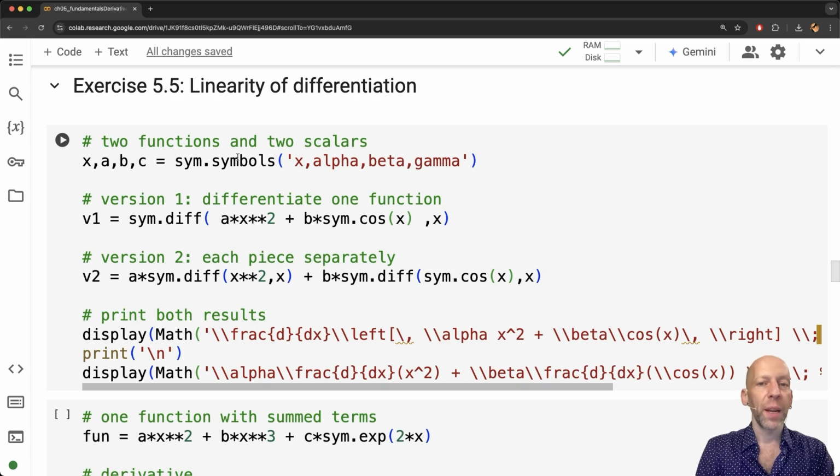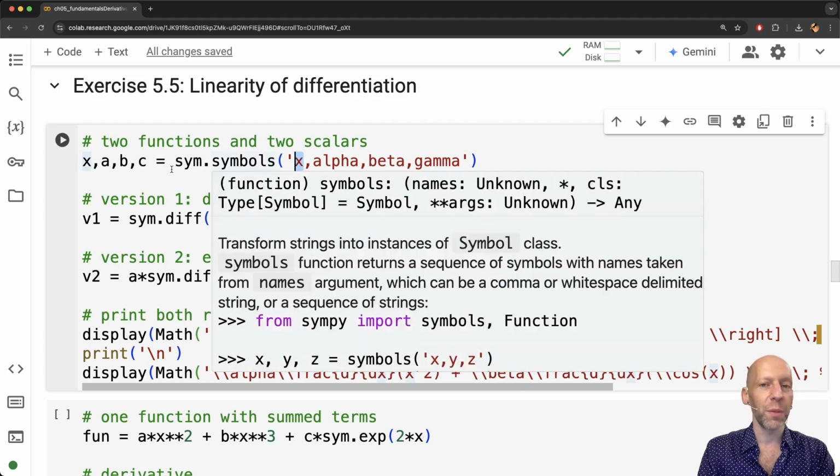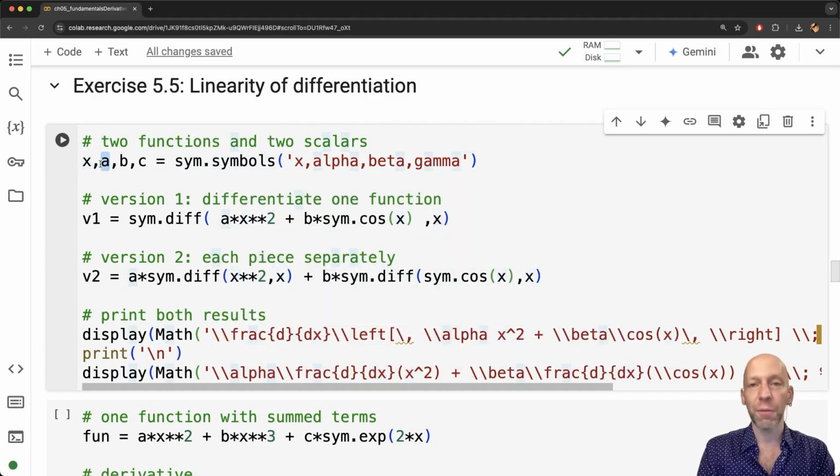So here I am getting 4 symbols from SymPy: x to use as our variable, alpha, beta, and gamma. Actually, gamma comes in later on in this exercise, but I'm just getting it now. Okay, and notice also that there's a difference between how I am calling these variables in sim.symbols versus how I'm calling them as Python variables.